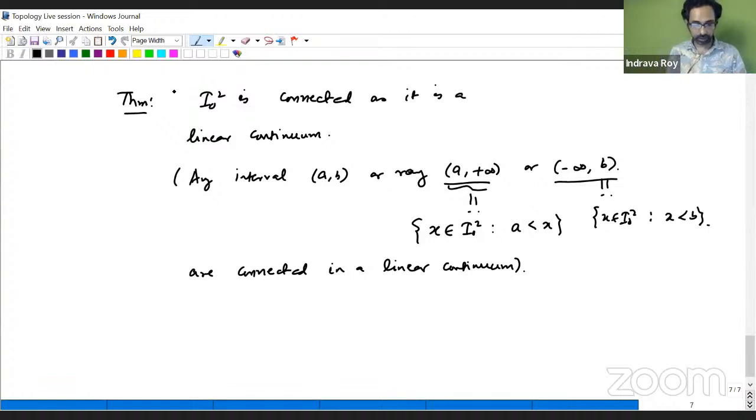We have also seen that, so let me put this as 1. I naught square is not path connected.